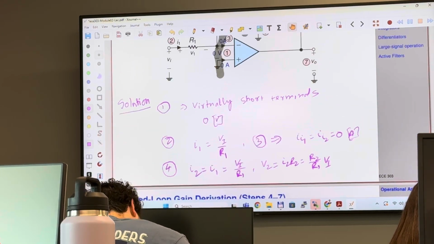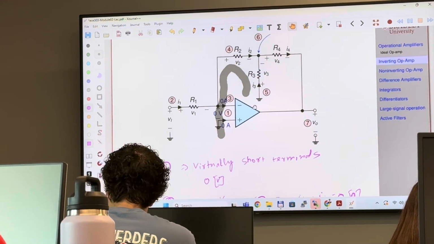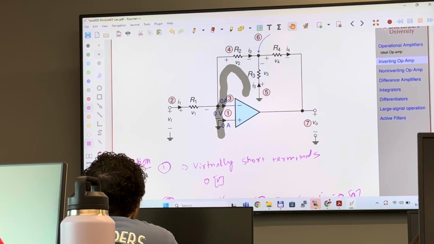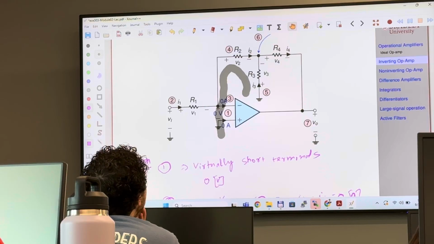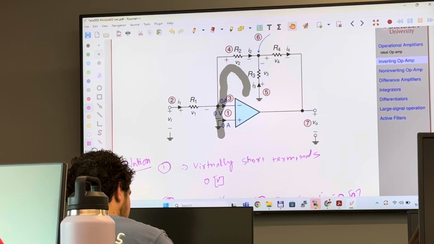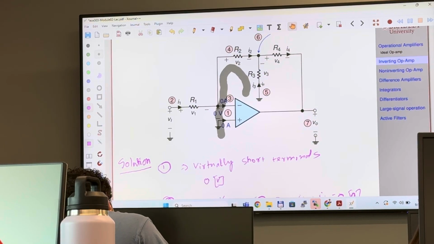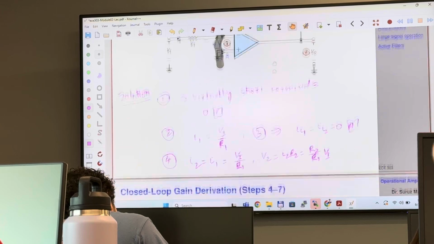Okay, if I apply KVL, guys, give me the KVL equation. What is the KVL equation? Kirchhoff's voltage law: the algebraic sum of all the voltage drops in a closed loop is 0, right? So closed loop, I started with ground here and I see ground here, right? If I go, do you see positive here? You can write positive V3.